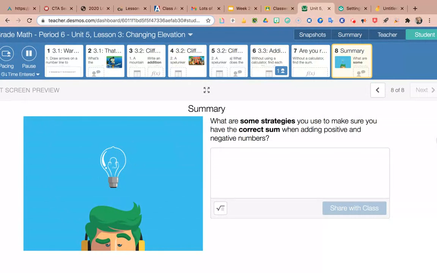If you've already got that pattern down where you can combine the same signs, but you subtract different signs, that's another method. But I really like the number line method if you're trying to check if that makes sense on a number line. So does your answer make sense on a number line?